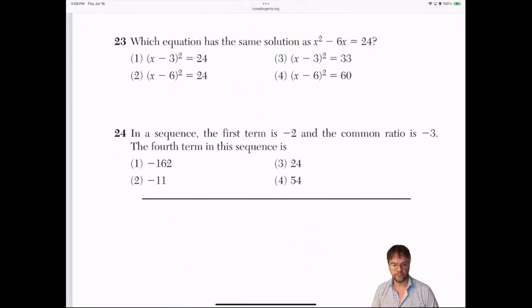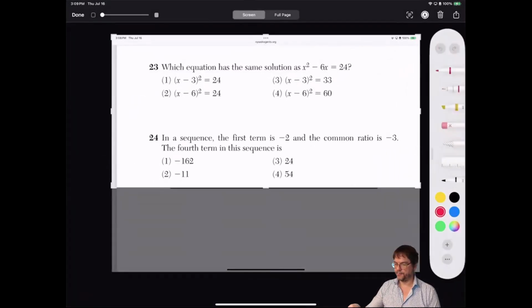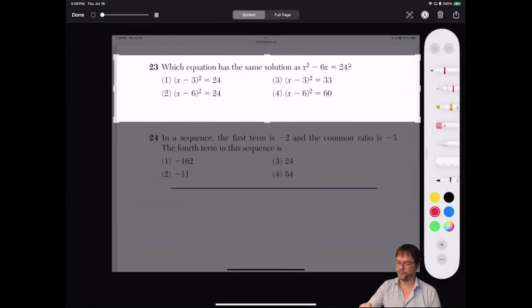Is it number 1? Let's see. Let me create space for this.